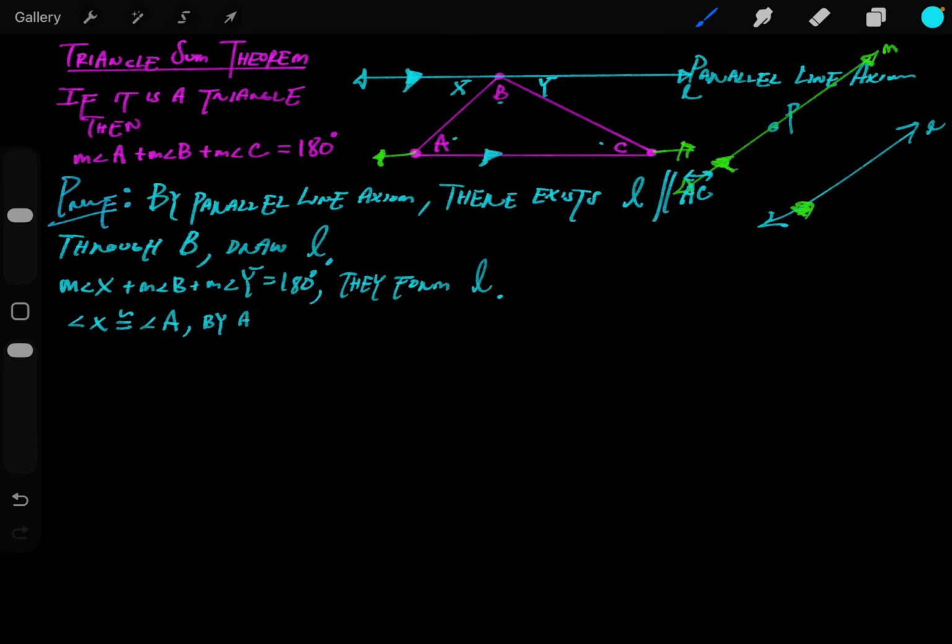Okay, so what does the alternate interior angles theorem say? It says if the lines are parallel, then alternate interior angles are congruent. So by alternate interior angles theorem, we know that A is congruent to X, or X is congruent to A, and then also we have, by the same reasoning, Y is congruent to C by alternate interior angles theorem.